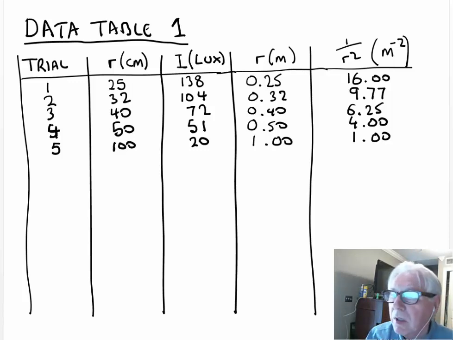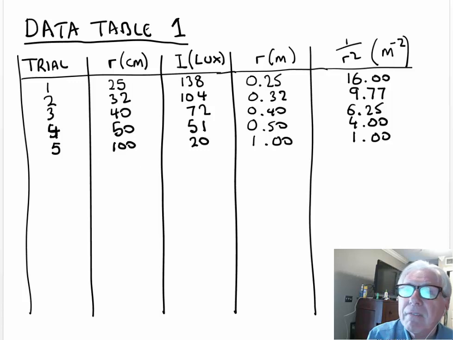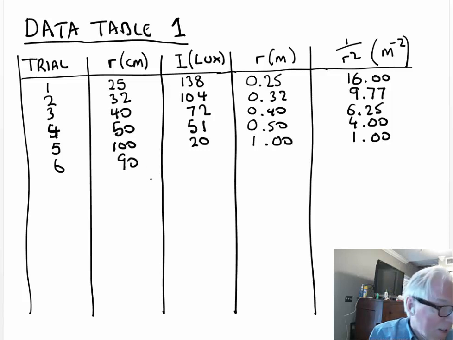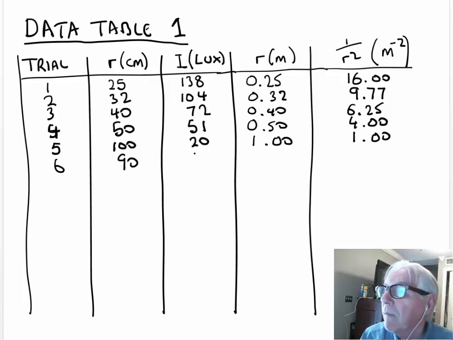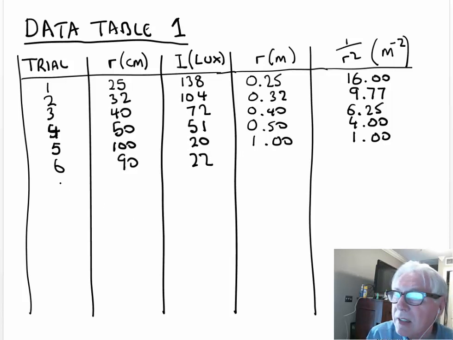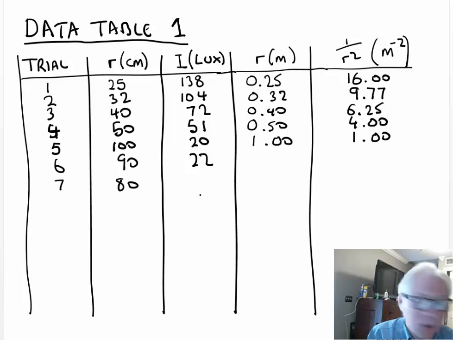So we're going to do 6 is going to be 90, and that is 22. And then let's do 7 is going to be 80, and that's going to be 26.